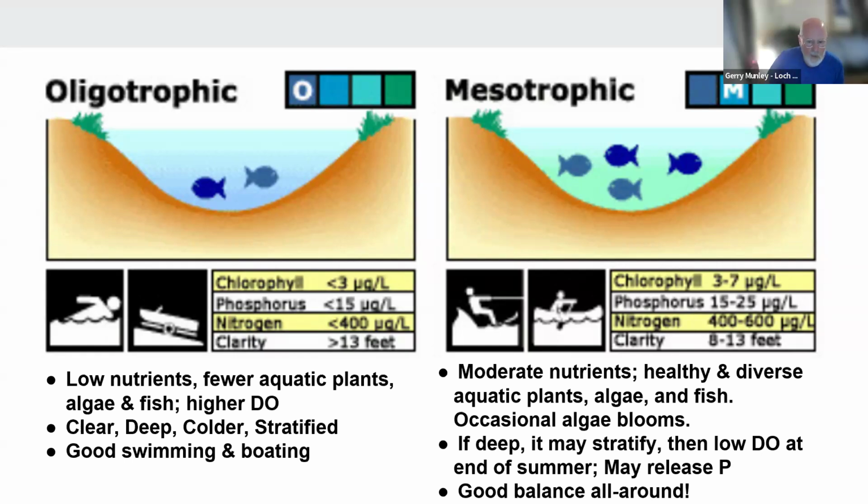Mesotrophic, increased nutrients, healthy, diverse aquatic plants, some algae blooms. It may stratify. You could have low dissolved oxygen. You may have a release of phosphorus. It's a balance that a lot of people look at and say, well, maybe this is the best balance of it all. You have 8 to 13 foot Secchi clarity. That sounds pretty good. Next, please.